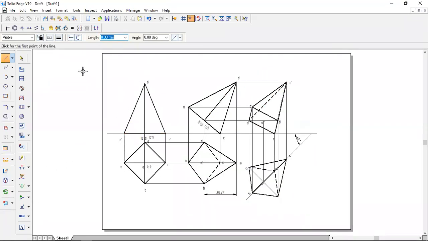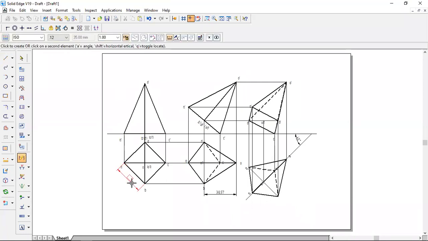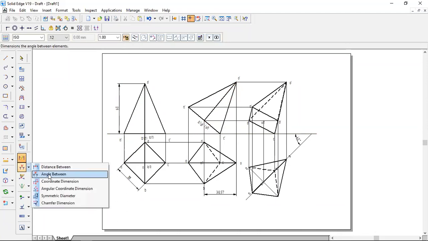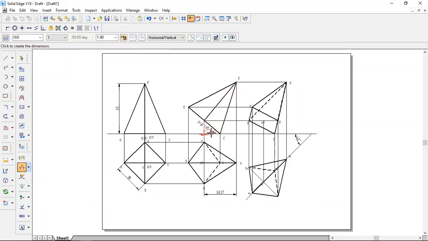So then the XY line, VP, HP, and all those dimensions of this, the dimensions of the axis. Okay, then what is the angle between this and this. You can extend to next.